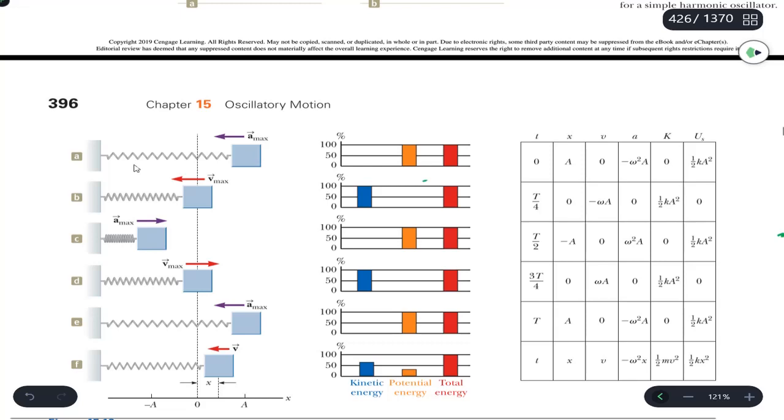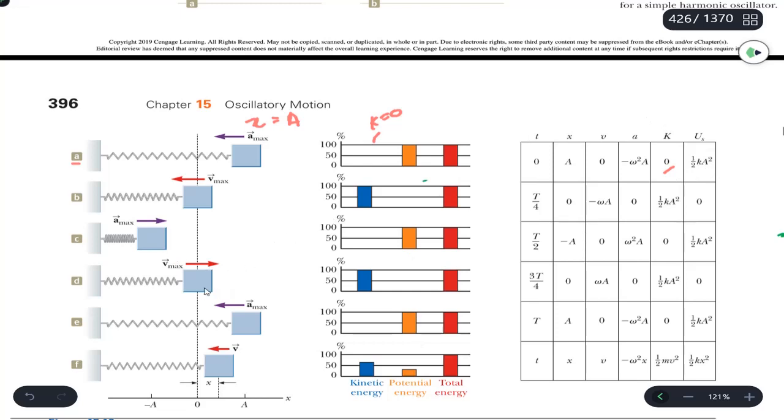So at the location given as A, when the object experiences maximum displacement at the amplitude, you should find that the kinetic energy is equivalent to 0 as portrayed here. And 100% of the energy is in the form of potential energy.